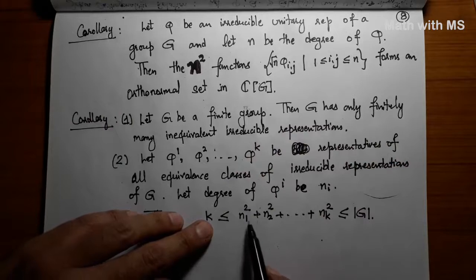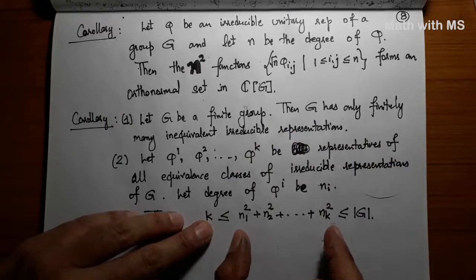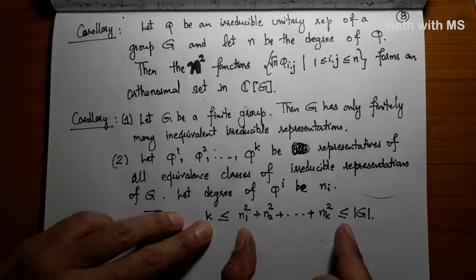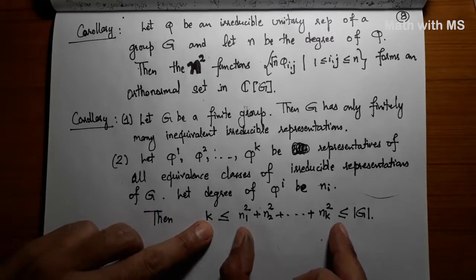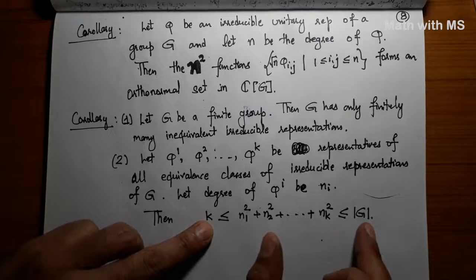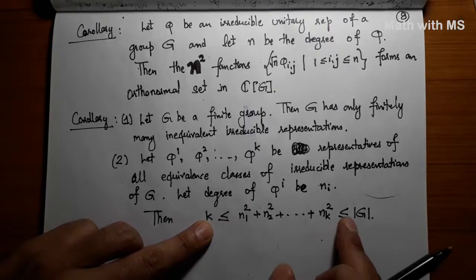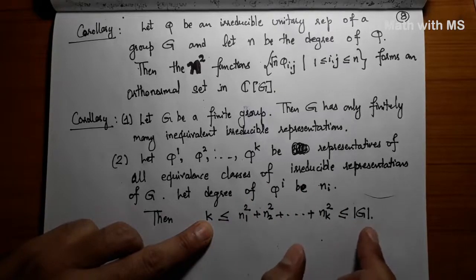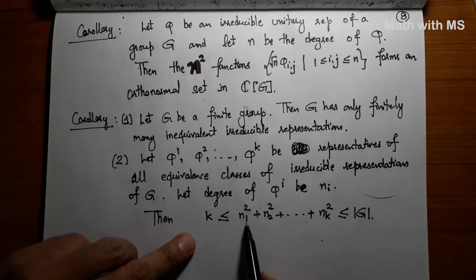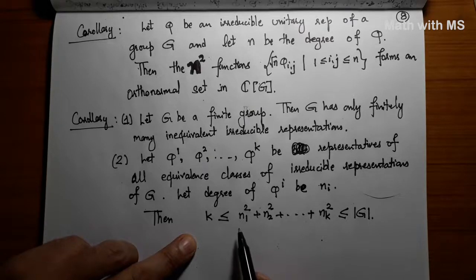Therefore, an orthonormal set of size n_1 square plus n_2 square plus up to n_k square is sitting inside the group algebra, for which the dimension is precisely the order of the group G. Therefore, this sum has to be less than or equal to the order of the group G. At the same time, each degree is at least 1 because it's an irreducible representation and always assumed to be of positive degree. So each n_i is bigger than or equal to 1, so the sum is bigger than or equal to k.